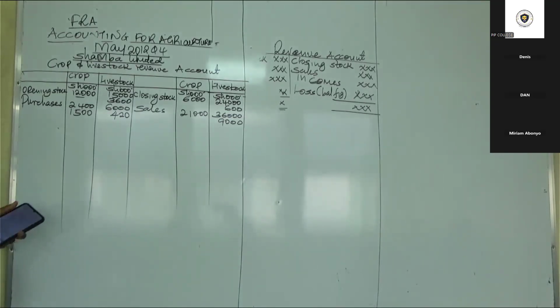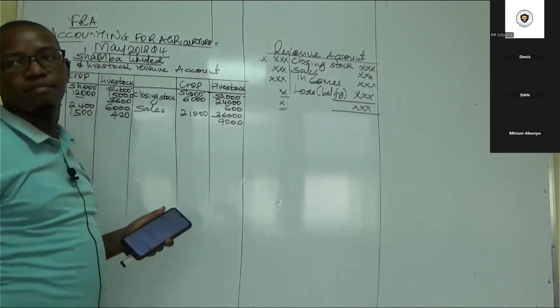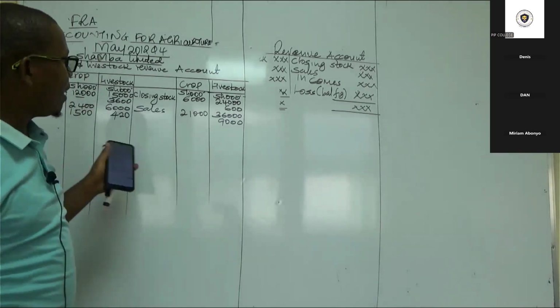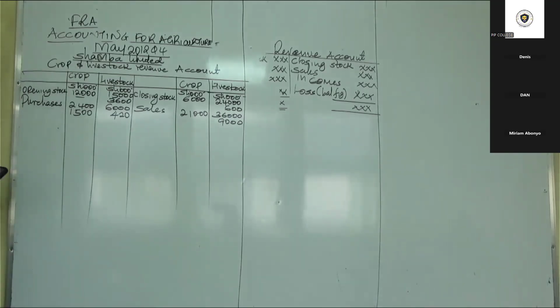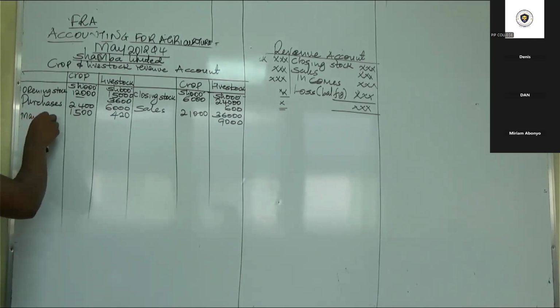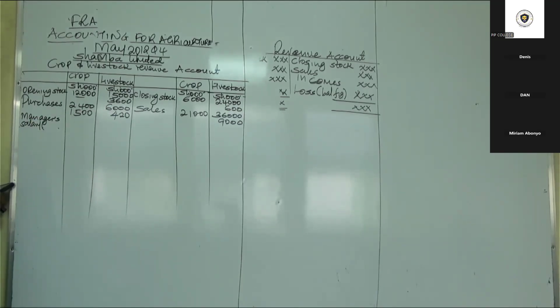Now we'll look for the expenses that relate to either the crop or the livestock. From up there, we have the manager's salary. When you look at the manager's salary, on number 2, it was apportioned to the livestock and crop respectively, 1 is to 3.